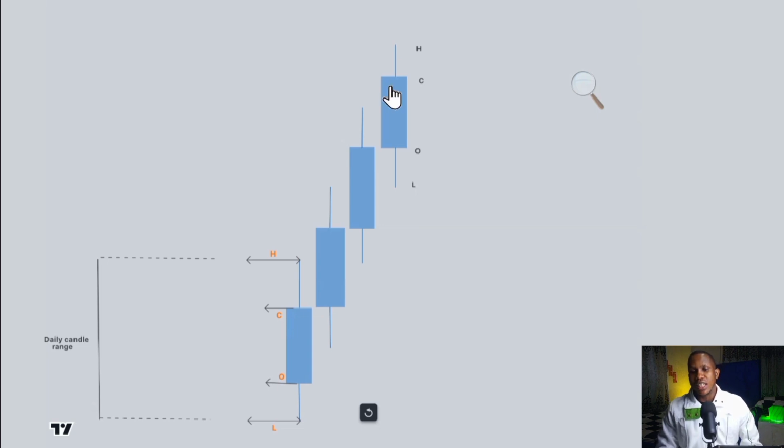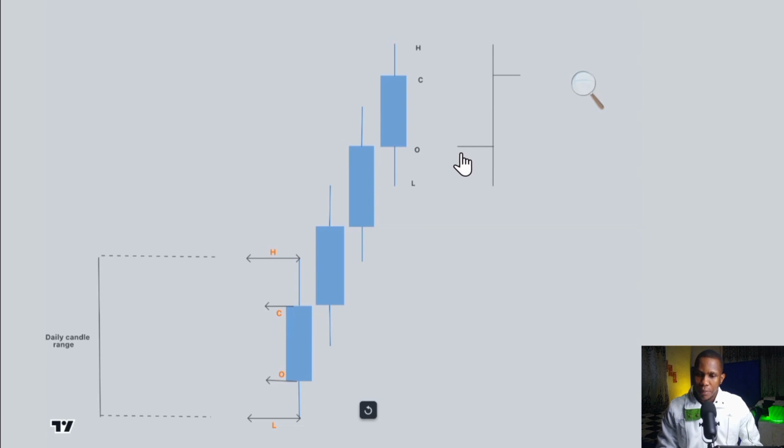If you use a line chart to represent this, this is what you are going to have: the market opening of the day, a low of the day, going up to the high of the day, and the closing of the day. ICT named the opening price the initial value, price prior to imbalance.